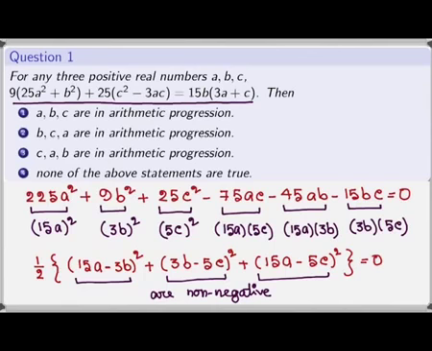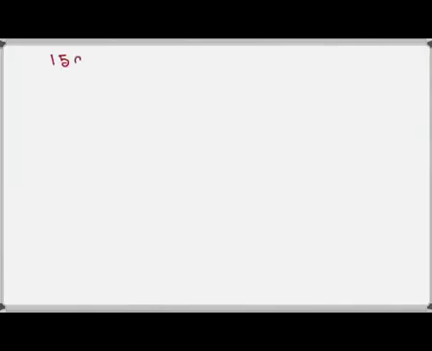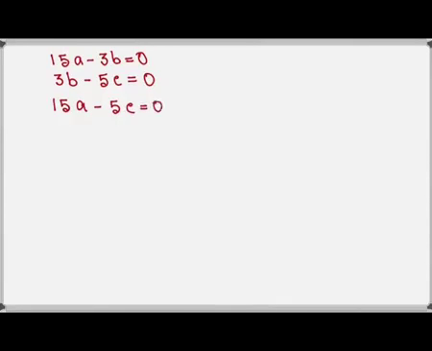So, we get 15a minus 3b is equal to 0, 3b minus 5c is equal to 0 and 15a minus 5c is equal to 0. That means we have b is equal to 5a, 3b is equal to 5c and c is equal to 3a.